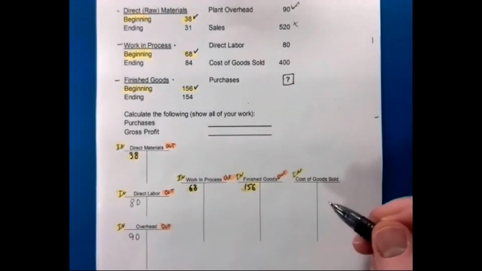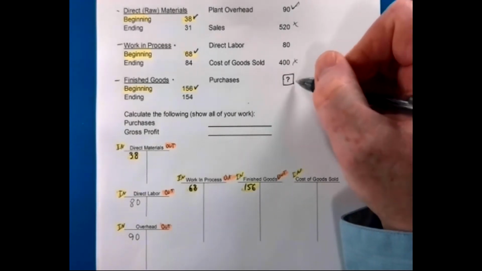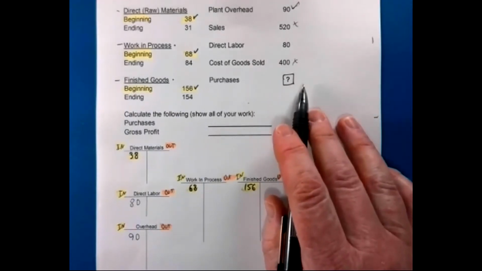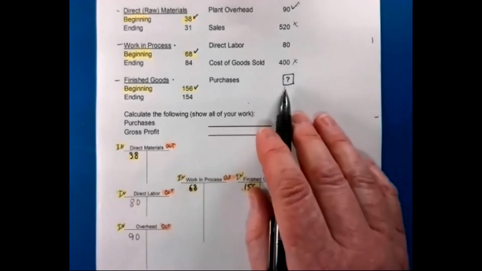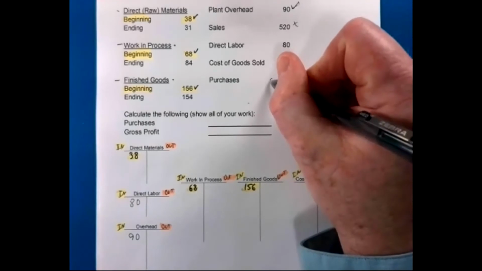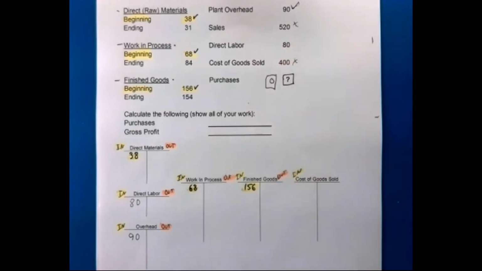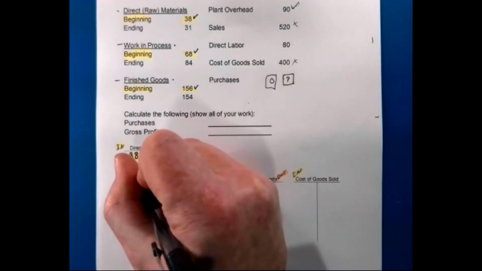Cost of goods sold, we'll use that later. And purchases, normally we would put into direct materials, but we don't know what the purchases are. So we're going to put in a 0. When you don't know how much it should be, put in a 0. Normally purchases would go here.